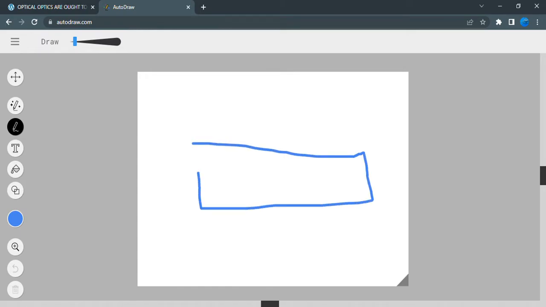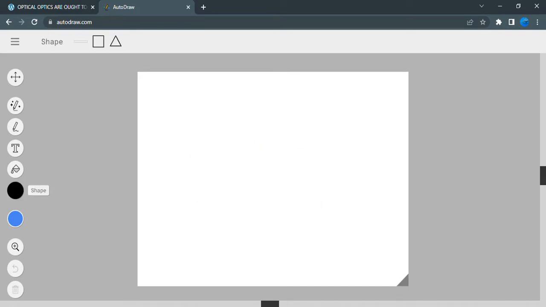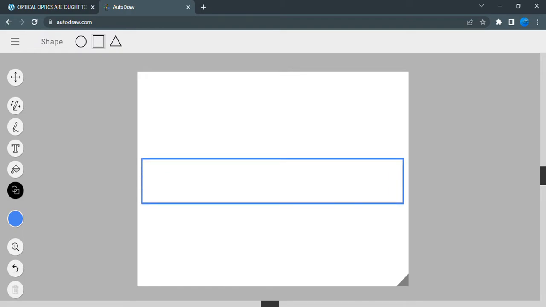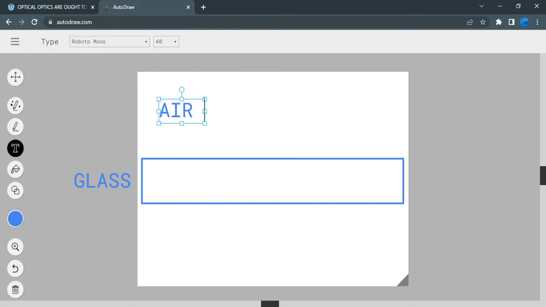Let's take this to be glass, and this is air, which is medium 1, and glass is medium 2.